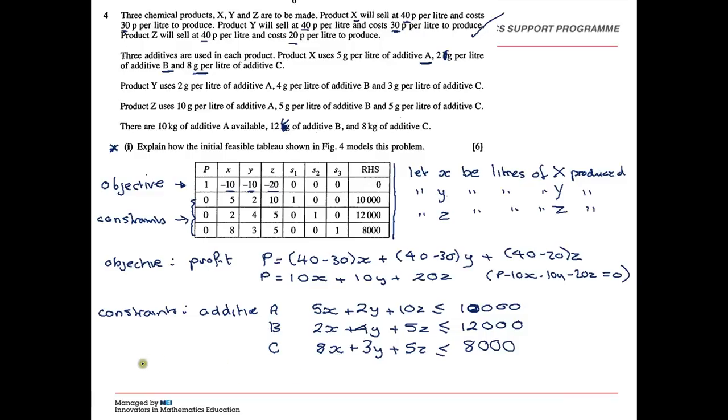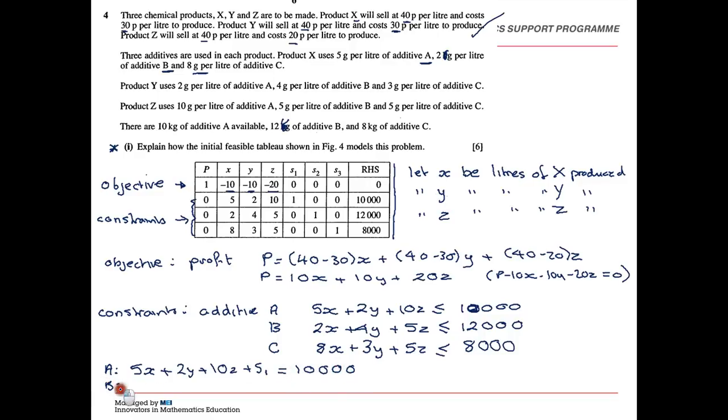And of course, when we rearrange those for the Tableau, then we will add slack variables to make them into equalities. So for A, we will have 5x plus 2y plus 10z plus S1 is equal to 10,000.